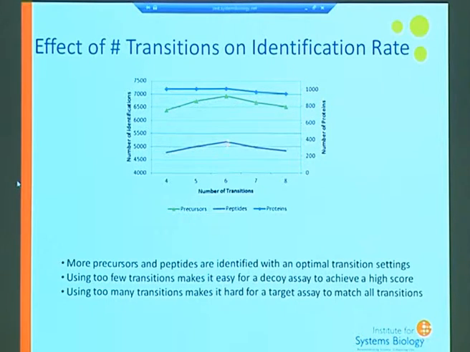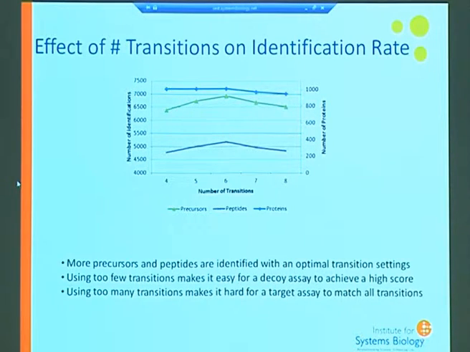You can explain it that way: the more transitions you use, the more specific you are. But also, the more transitions you use, the more likely it is that one of these transitions is no longer observed. And also, you get fewer assays in there. I told you on Saturday that in that particular case, I only used assays with 6 ions.